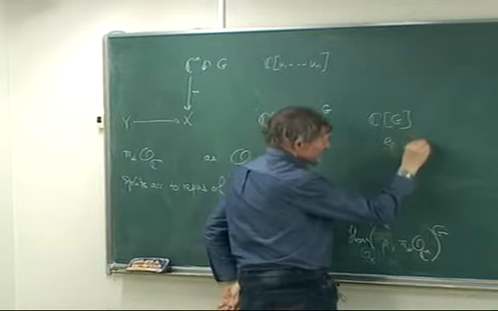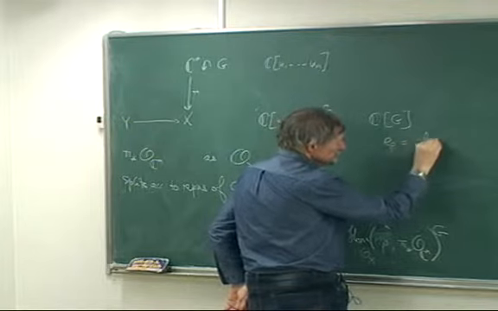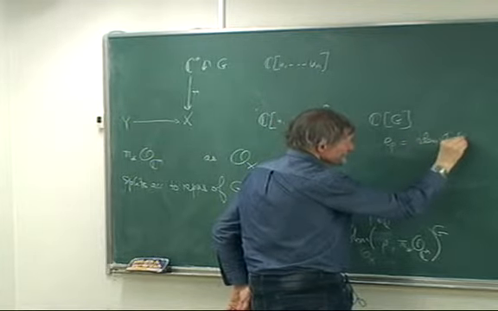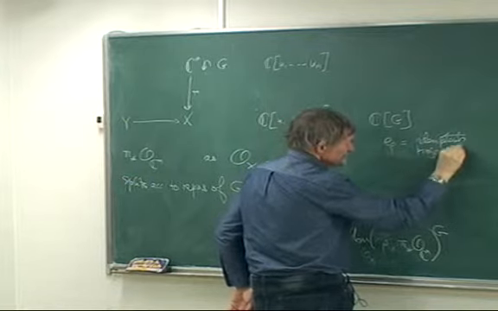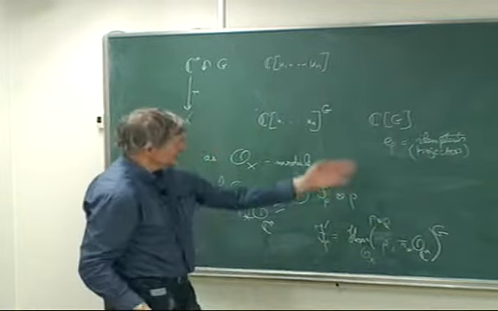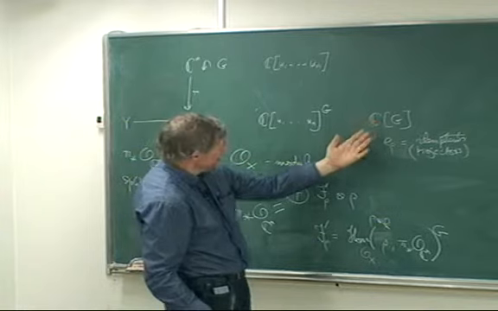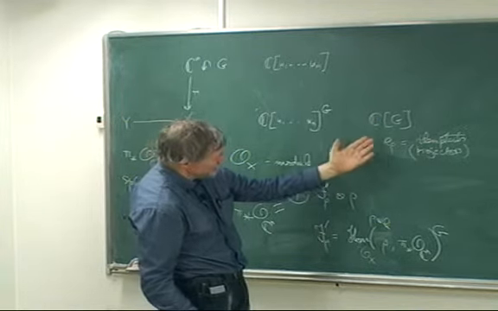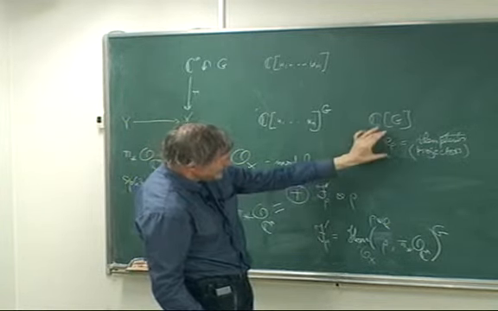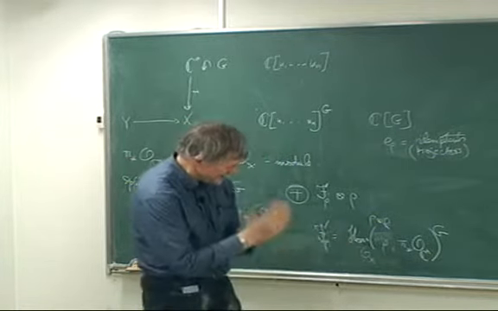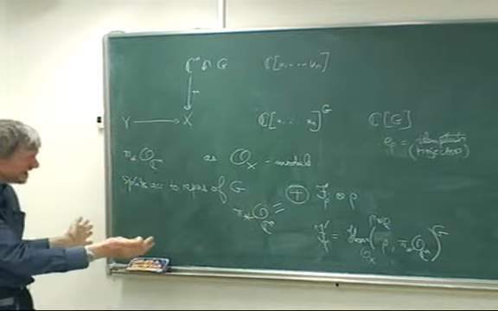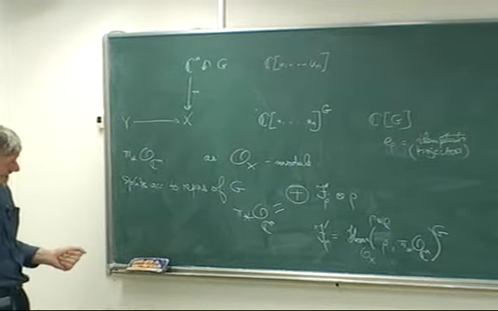So projectors, or idempotents. And so any representation of G splits up in a canonical way into these direct sums of E rho. So I'm not splitting these up into irreducible components. I'm splitting them up into very big isotypical things.